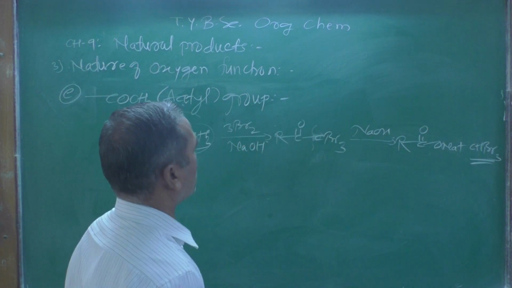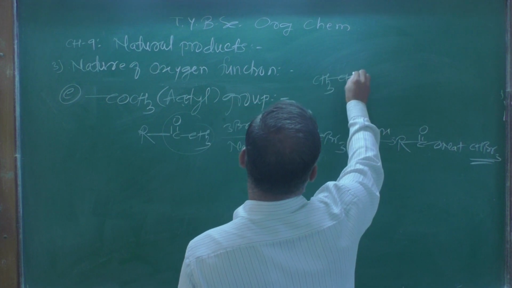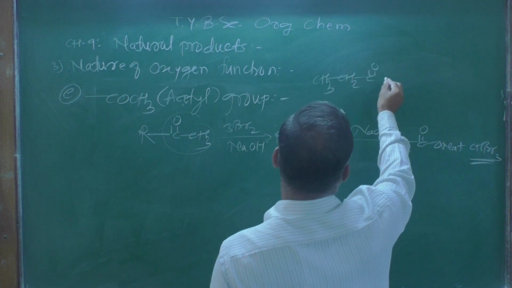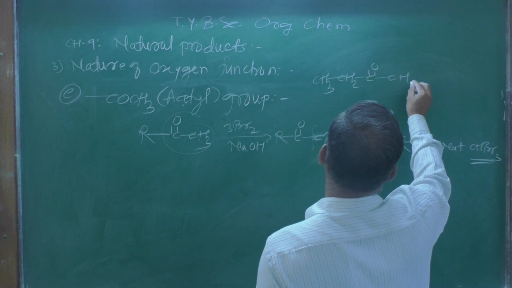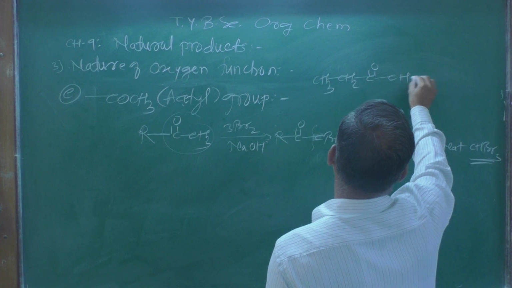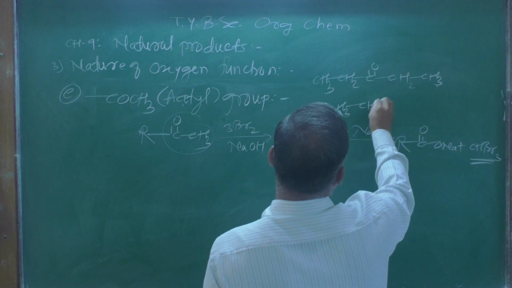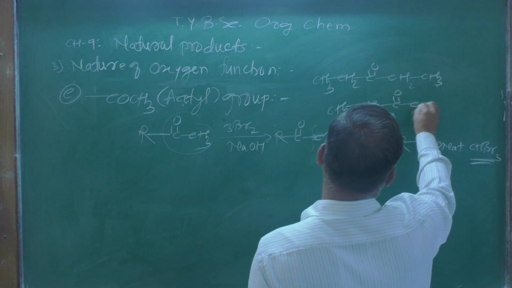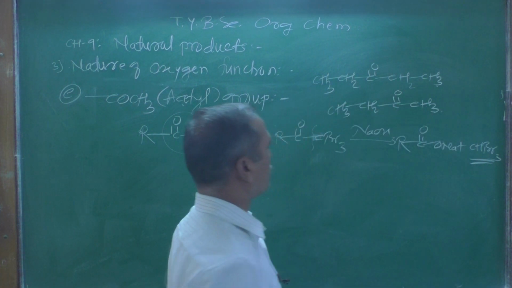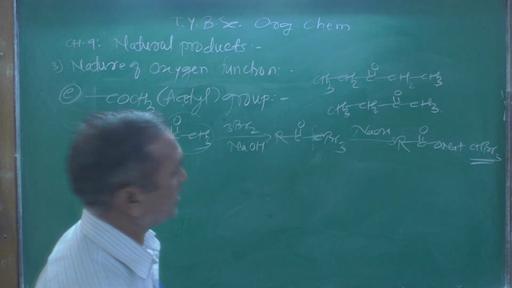Suppose, for example, you have this type of compound, CH3, CH2, C double bond O, then CH2, CH3, or if you have CH3, CH2, C double bond O, CH3, which will give the positive iodoform test, or what we can call a bromoform test.